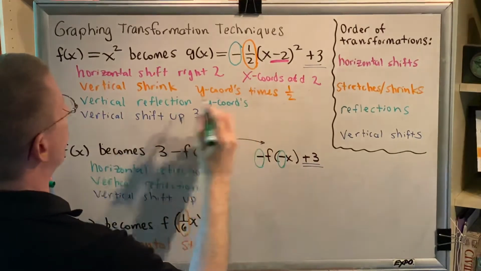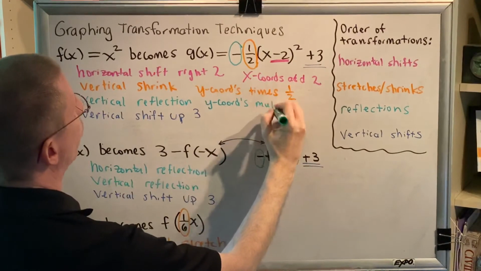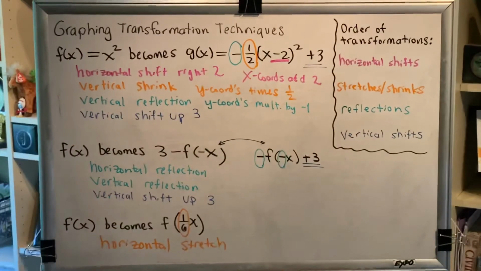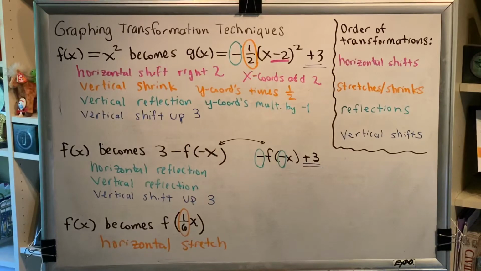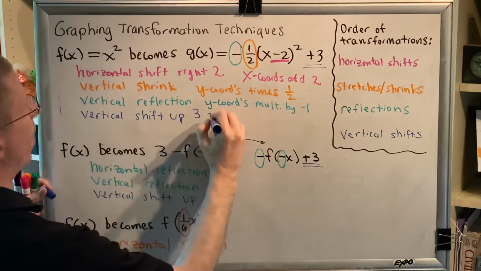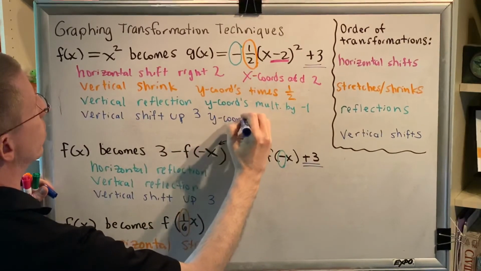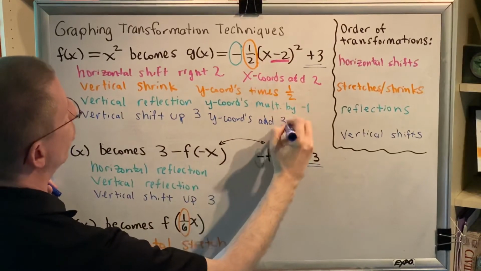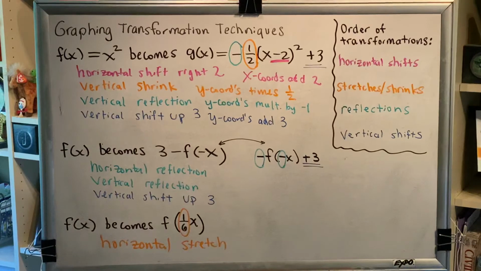And the y-coordinates for a reflection get multiplied by -1. Or if you prefer, you can just write y-coordinates change sign. And then finally, for a vertical shift up 3, it's vertical, so that affects the y-coordinates. And up 3 means we are going to add 3 to the y-coordinates.